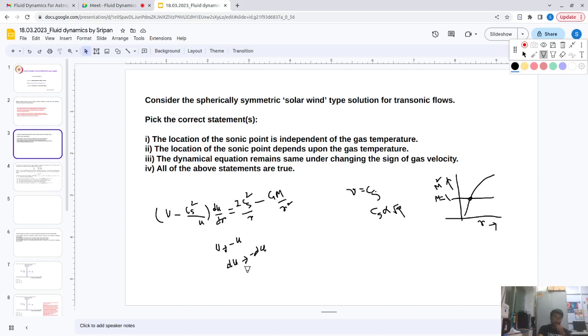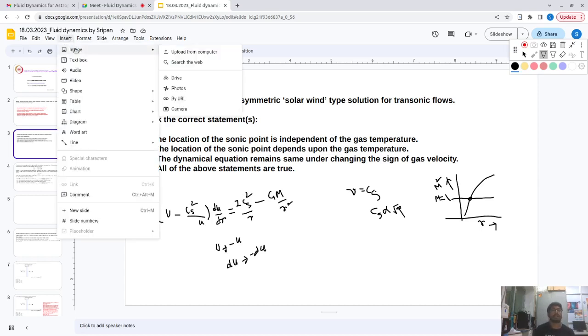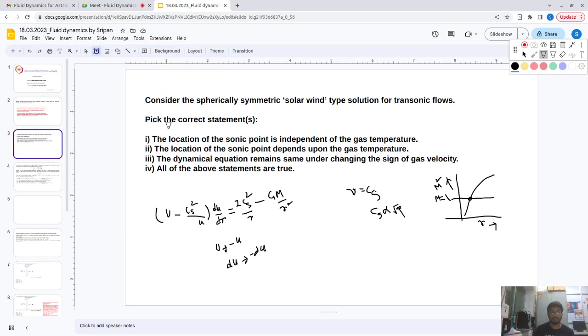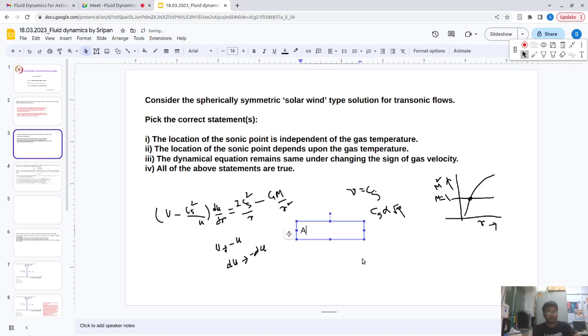So this tells you that the dynamical equation remains the same. So for this question, your answer will be 2 and 3, okay.